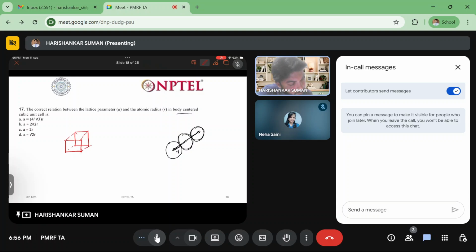This is the cube and this will be the body diagonal.